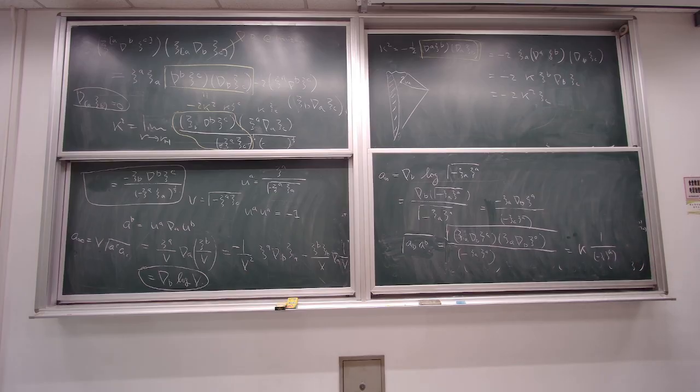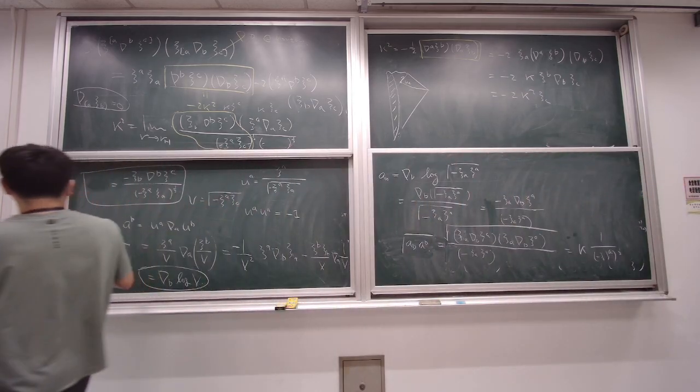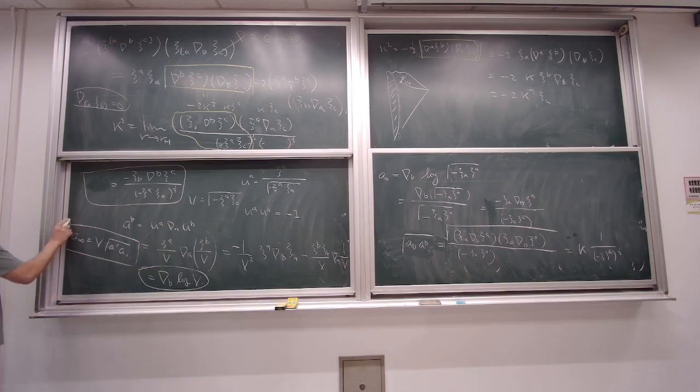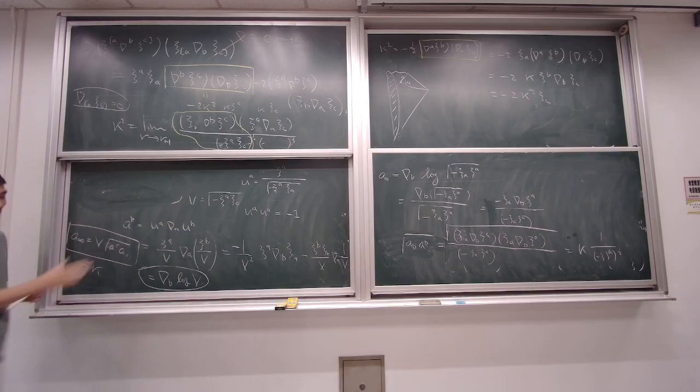Okay, this should be okay. 1/2. Then multiply this one, you get this relation. So this is equal to kappa. And then it should be okay. I'm fine with that. Okay, thank you very much. Anyway, so this is equal to kappa.